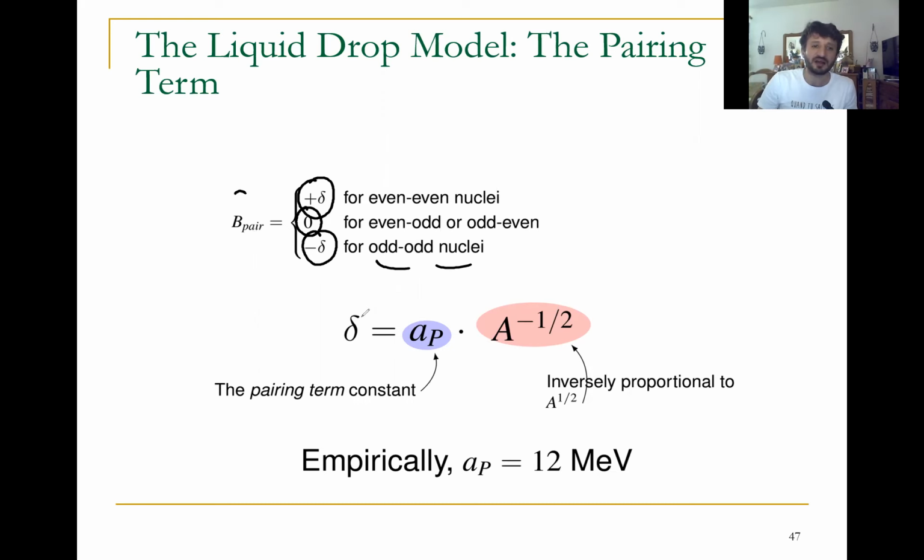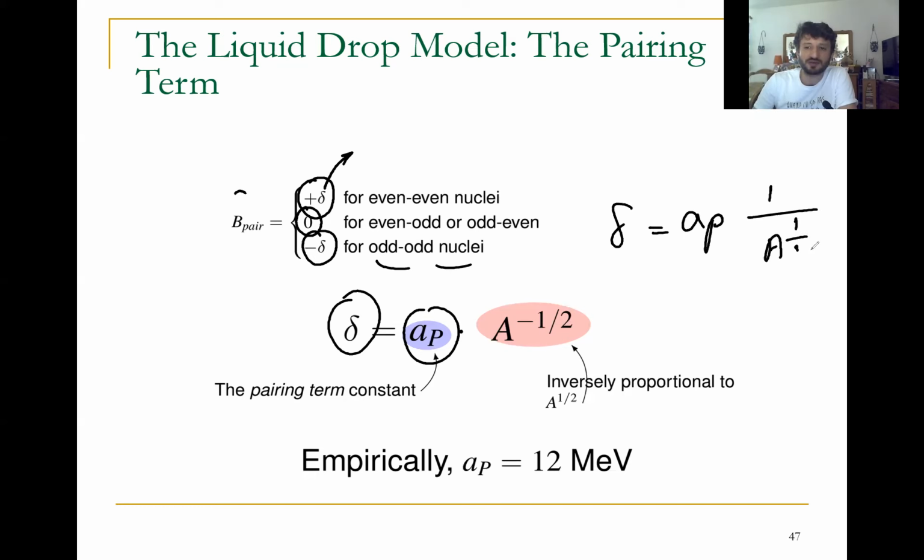In the case of odd-odd, the term will be negative, because this term will decrease the binding energy. In general, the value of this symbol delta equals AP times A to the power minus one half.